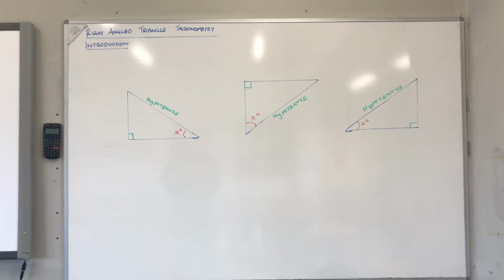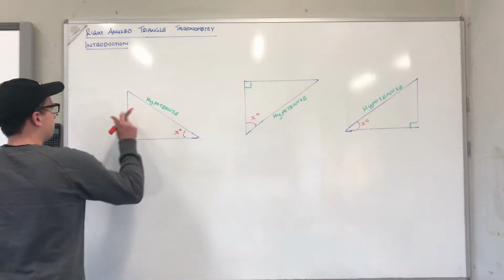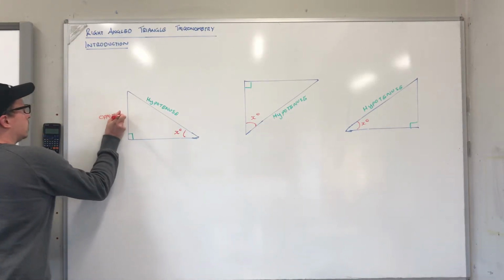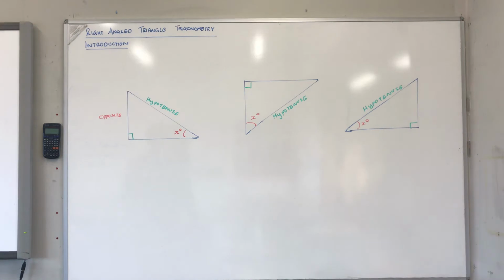So let's take opposite, and it's always related to the specific angle that we're dealing with, which in this case I've written in red as x degrees, okay? So we take the x and we look for the side opposite it. So for this specific triangle, that's the opposite.